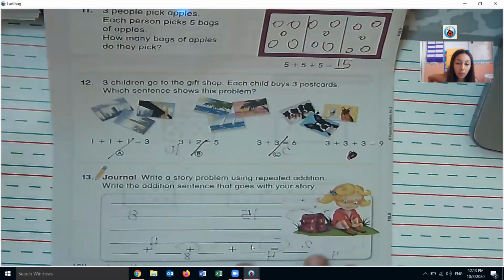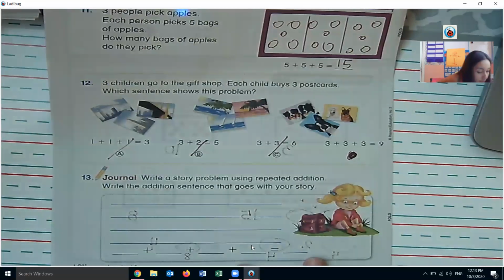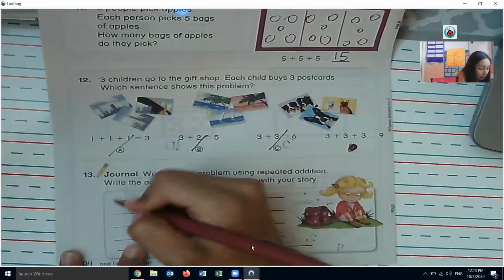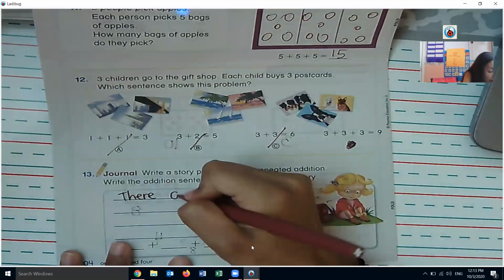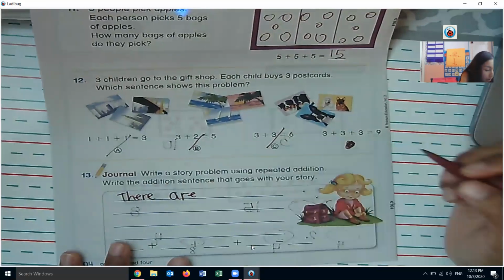Okay, number 13, write a story problem using repeated addition. Let's see, so maybe I use a bug idea. I think those are bees. There are, maybe there's 2 bees. I'll say 3.